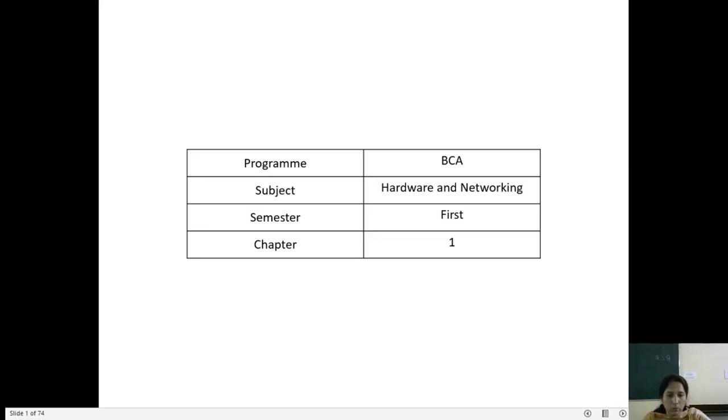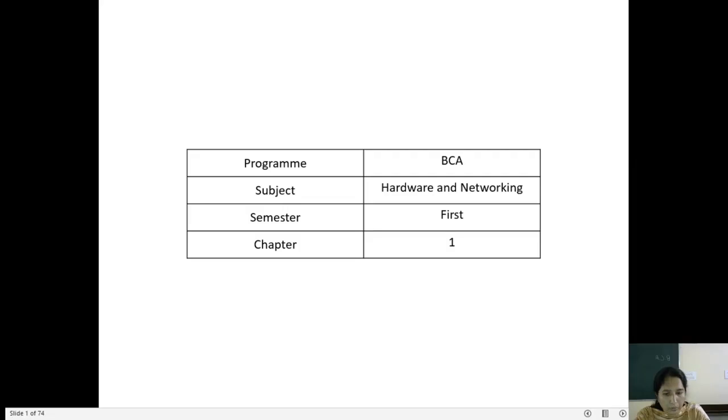In all these chapters, today I like to discuss with you chapter 1, which is basically related to introduction to computer. In this chapter, you will learn about introduction, history.